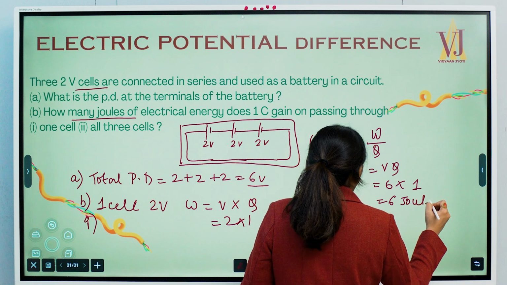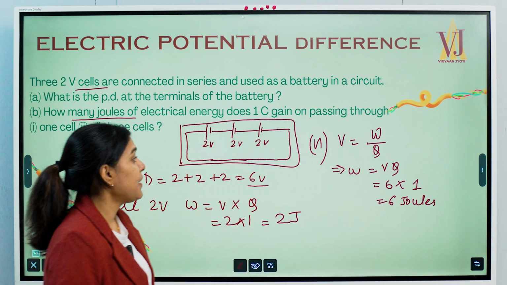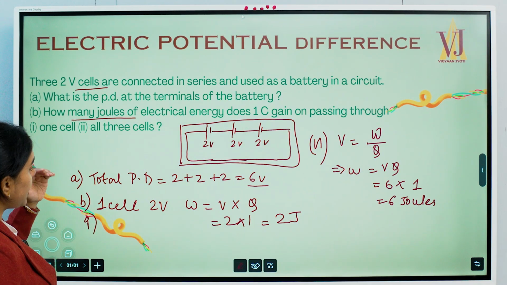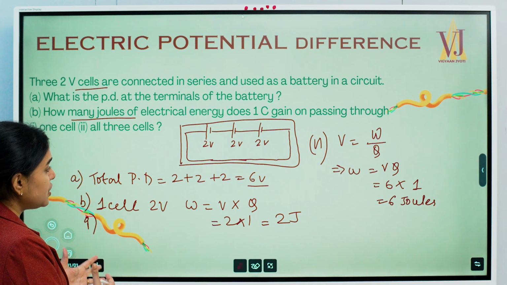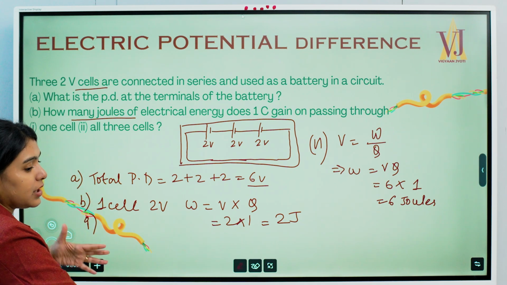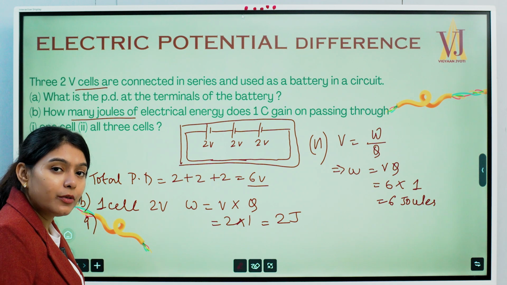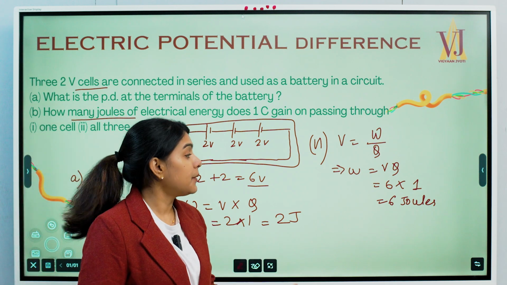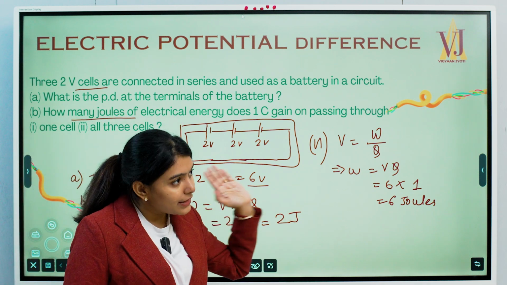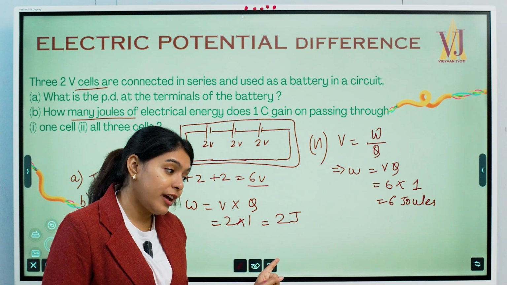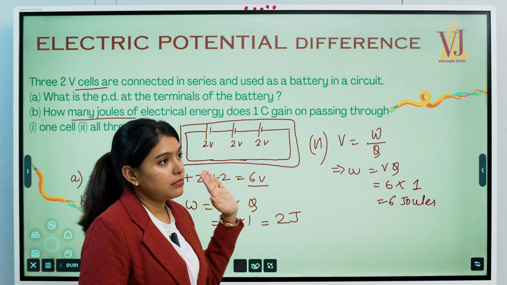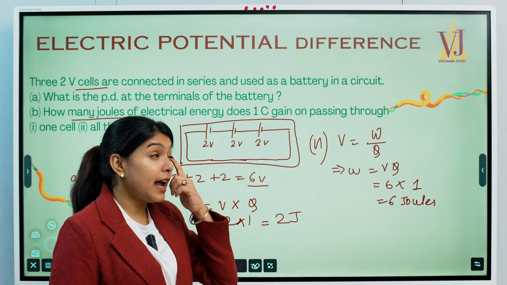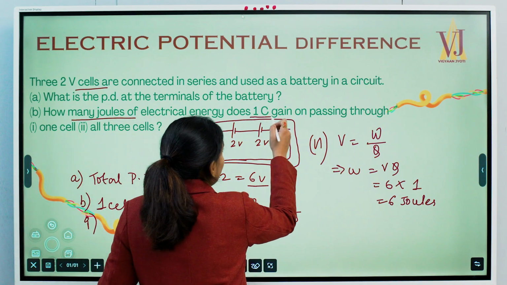Now why have they asked you this question? Understand. The total amount of voltage that they give you, for passing 1 coulomb of charge, means that much amount of joules of work has been done. And if you are passing through all the 3 cells, where each cell has 2 volts as potential, again it's the same thing, because one thing has been kept constant, that is 1 coulomb of charge.